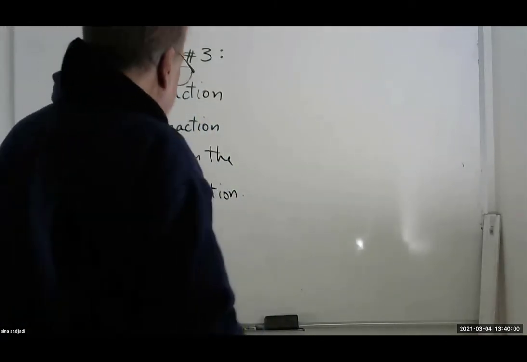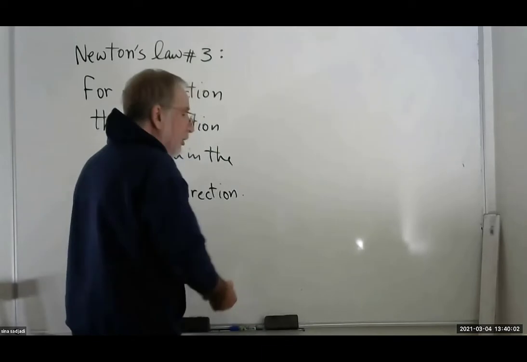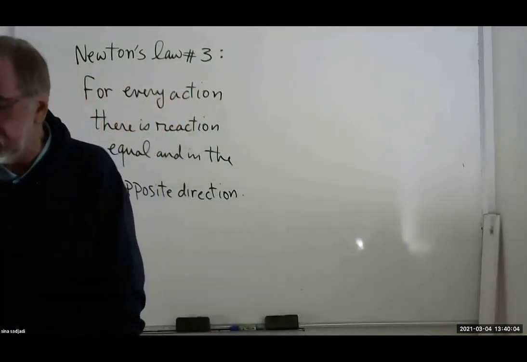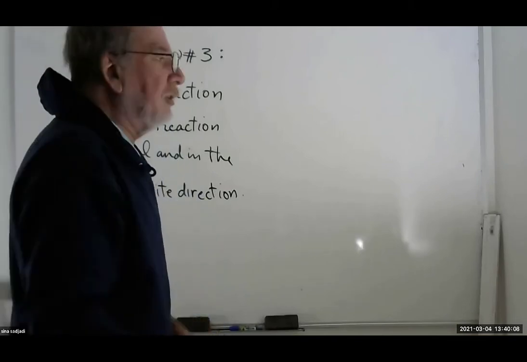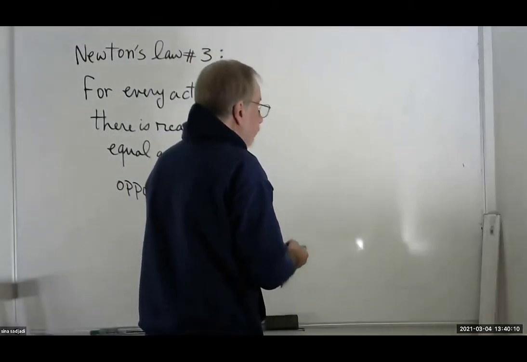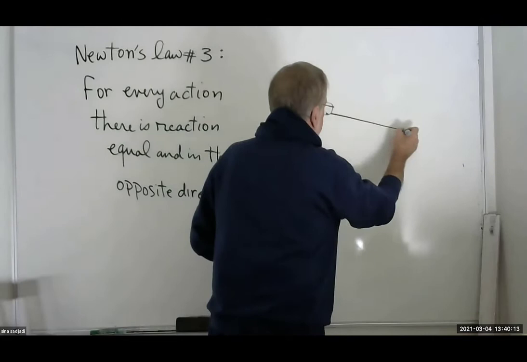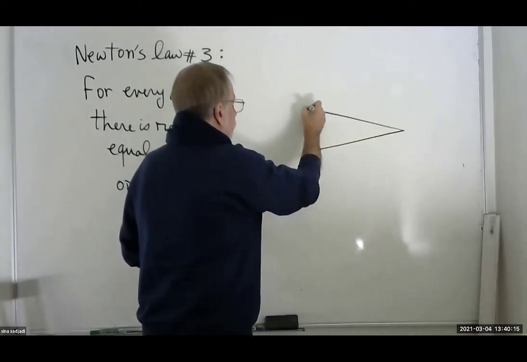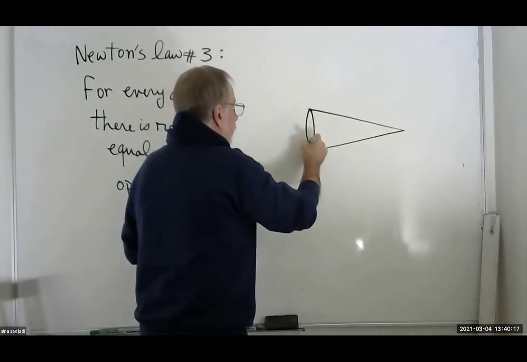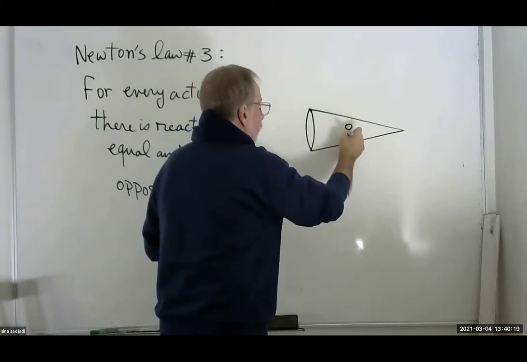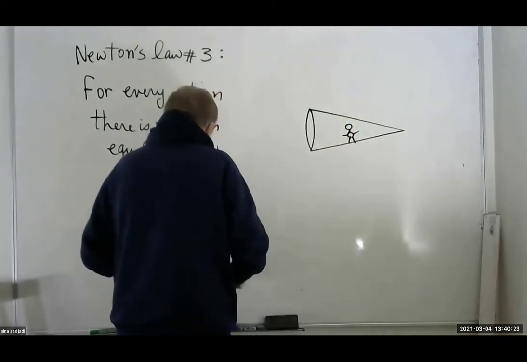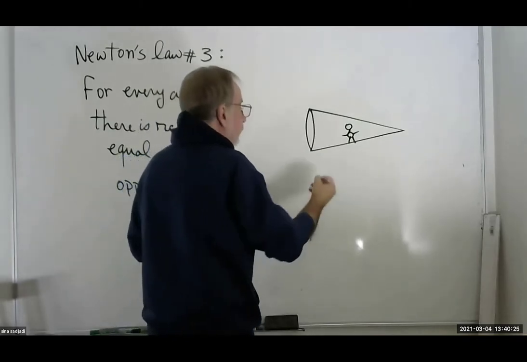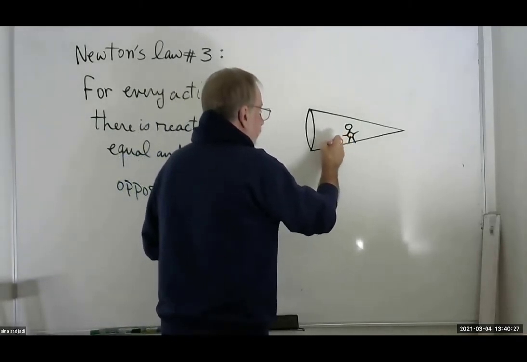All right, what else? Well, this is the basis of how rockets work too. So I'm going to make you guys a rocket with bowling balls. All right, here's a rocket. And on this rocket, I have me and lots of bowling balls. Bowling balls everywhere.